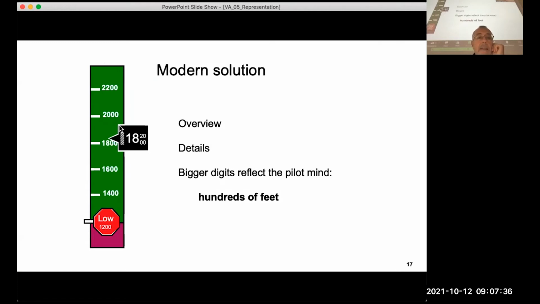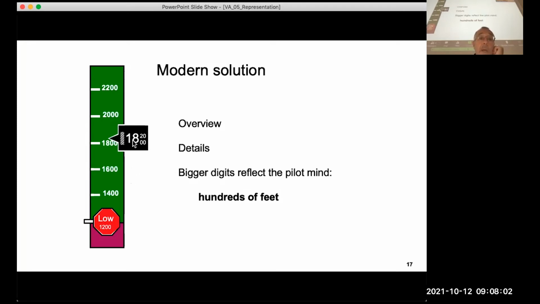And this is representing your position. So it gives you your point in the story. And these two big digits reflect the pilot's mind. They represent hundreds of feet. Here you cannot be affected by change blindness. If you move your eyes, the position of this element will give you a clear indication.